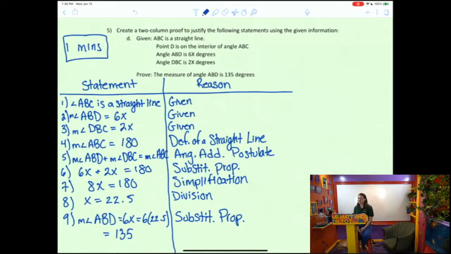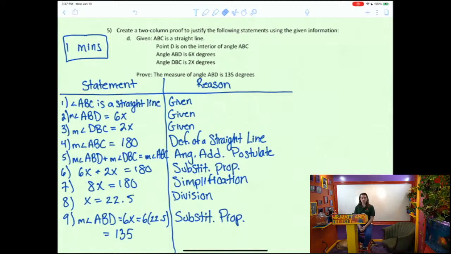And then finally, taking that common multiple of 22.5 and substituting it into the expression that represents the angle we're interested in, ABD, they told us that ABD is equal to 6x degrees, so 6 times 22.5 is 135 degrees. So we've just proven the statement that they've asked us to prove, which is that angle ABD is 135 degrees.